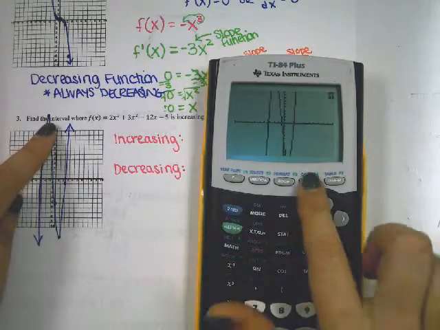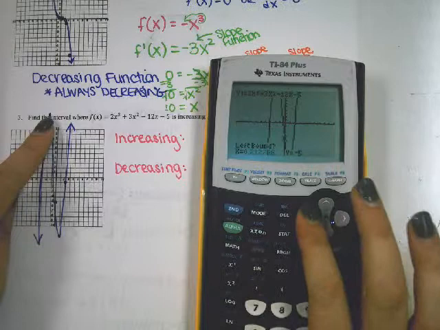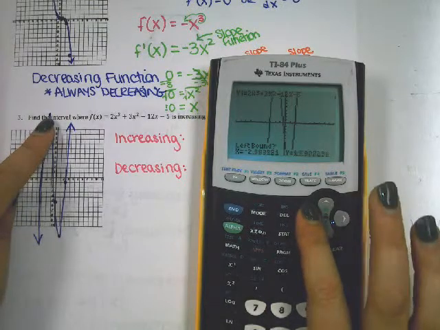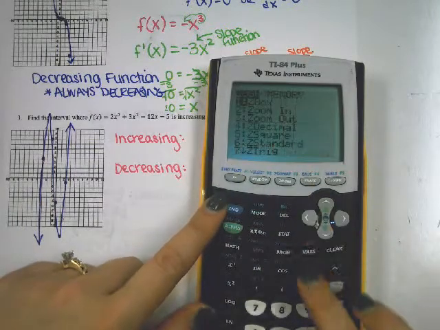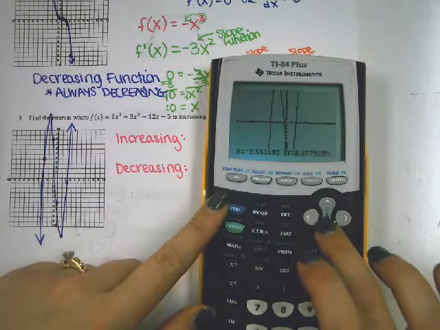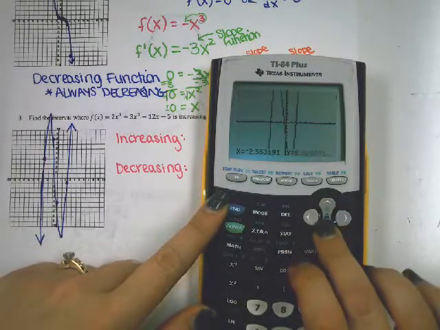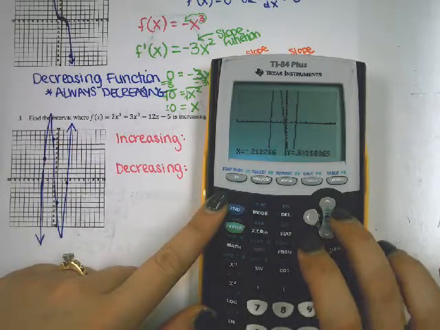So second, calculate maximum. I'll find this point first. We take our little dot, we go to the left side of it. So my dot kind of goes off the screen. If you want to zoom out, you can. I want to zoom out probably around the origin just so it's pretty symmetric. So I'm going to get my little cursor around the origin.